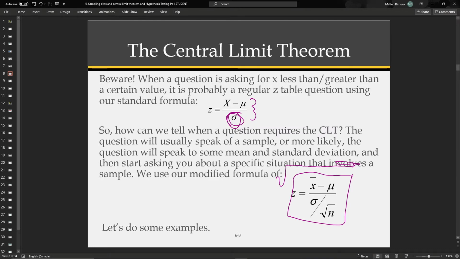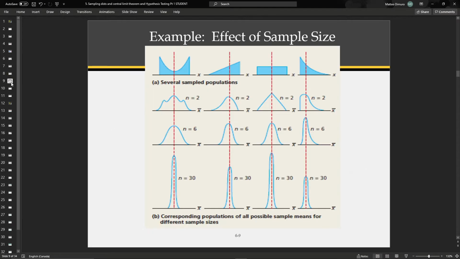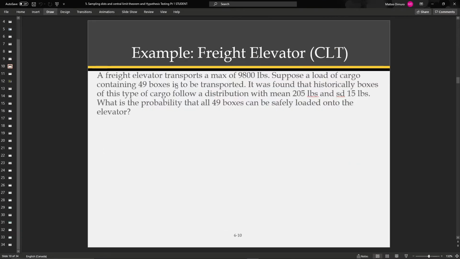Let's do some examples. Here are a couple of pictures of the effect of sample size before we get there. With a small sample size it looks irregular, but once you get to n equal to 30, you really start getting something that looks more like a normal distribution. Okay, our first central limit theorem example, here we go.